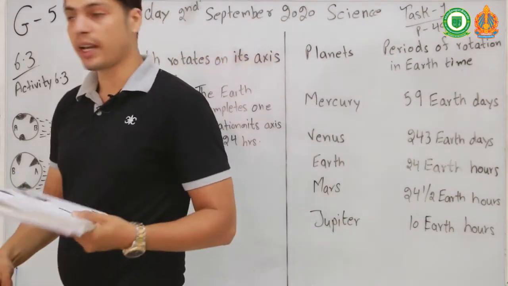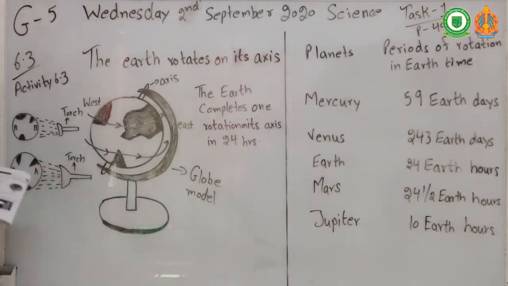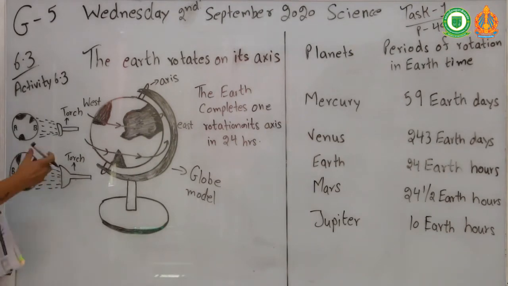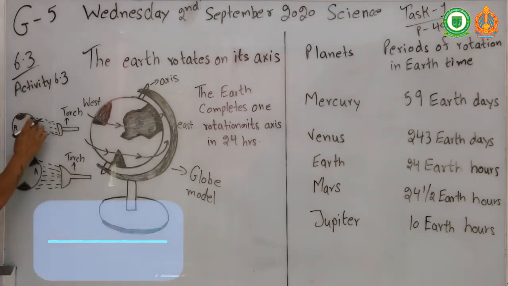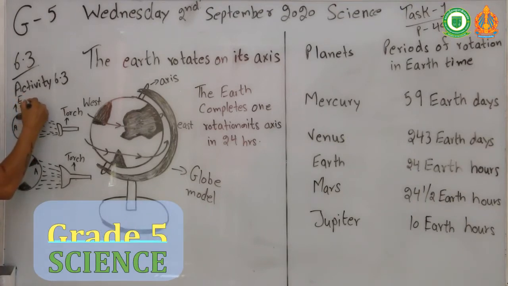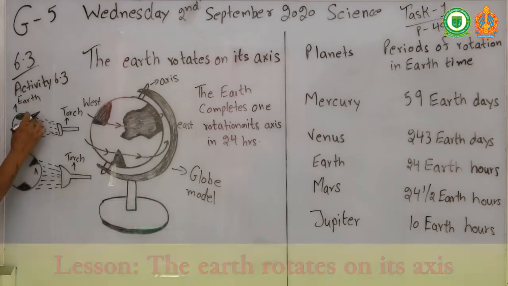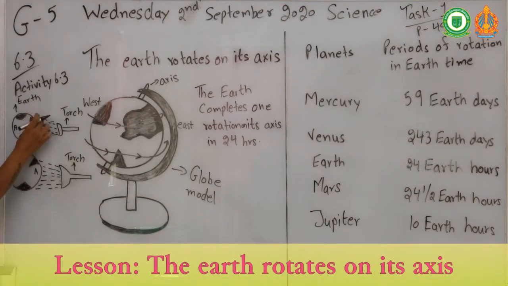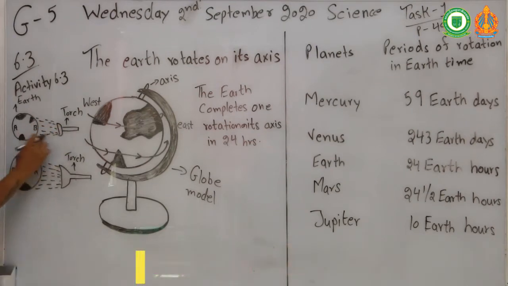So how do we see day and night? Let's have a look here. This is a torch, and this is the Earth. Now you can see point B is in front of the torch.